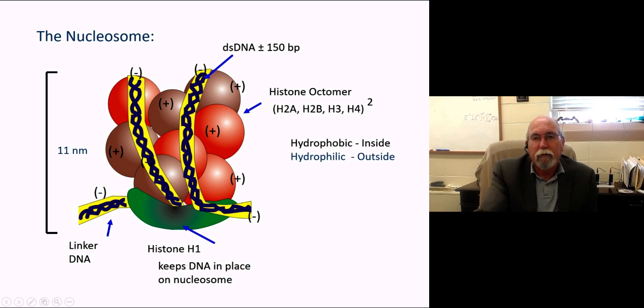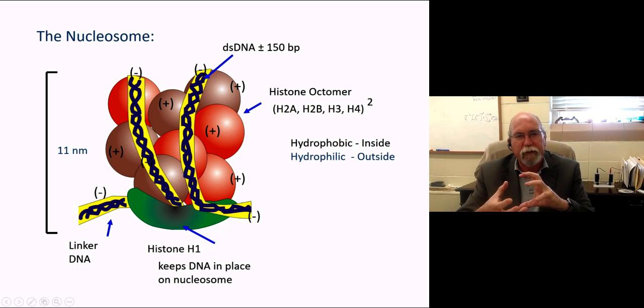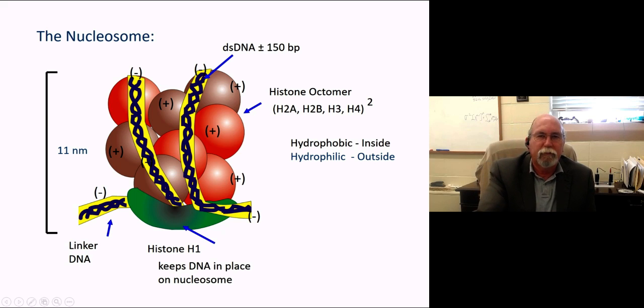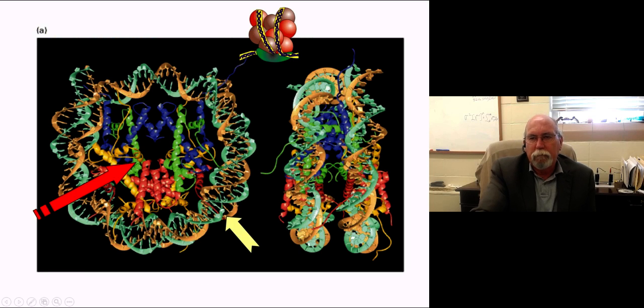You have a lot of positive charges in these histones, and so you get electrostatic bonding. That's one of the ways we hold the DNA into this nucleosome: the simple positive-negative charge relationship between negative DNA and positive residues on the nucleosome proteins. So that's why it's important that these nucleosomes have a net positive charge.